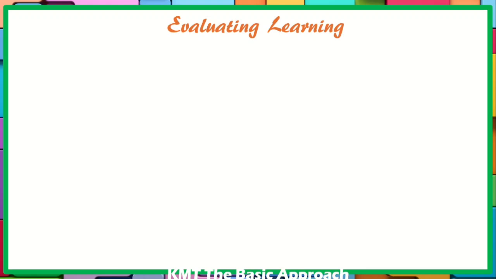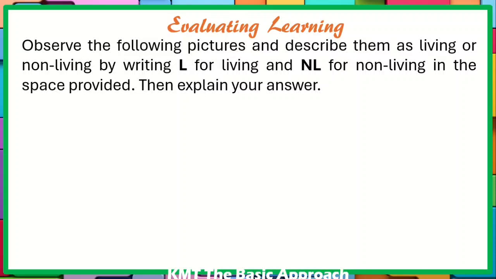Evaluating learning. Observe the following pictures and describe them as living or non-living by writing L for living and NL for non-living in the space provided. Then, explain your answer.